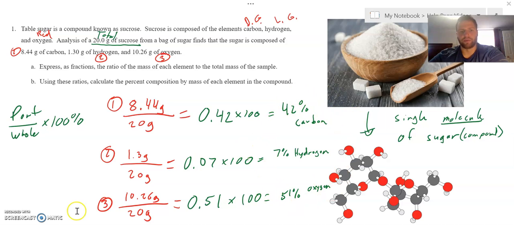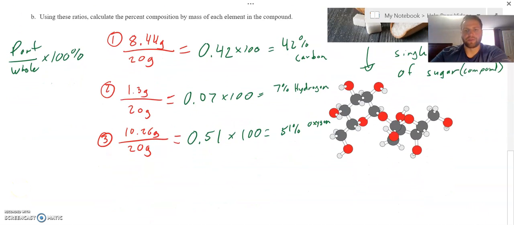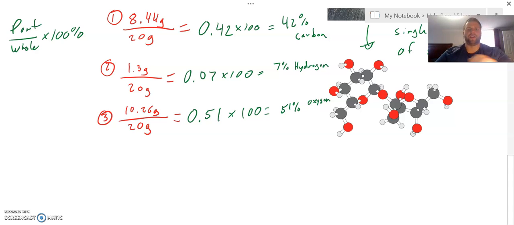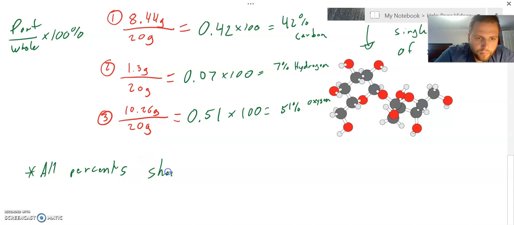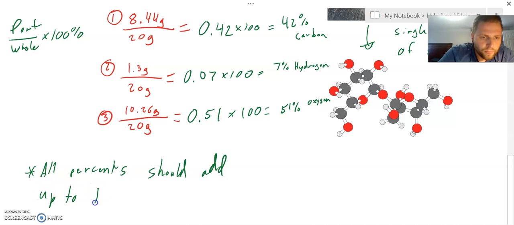So I want to leave you with a tip, kind of an expert tip that can really help you verify if your answer is correct. Because percent by mass deals with percentage, we know that all of our percents should add up to 100. And this is a way that you can check this problem.